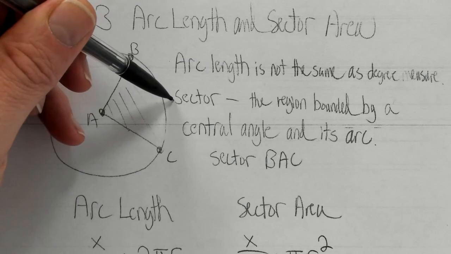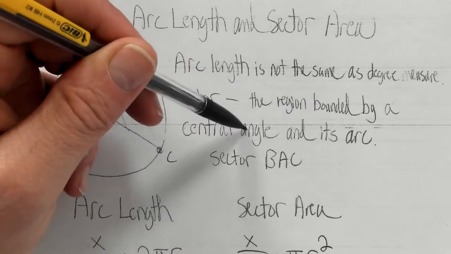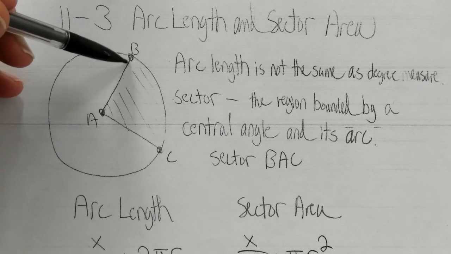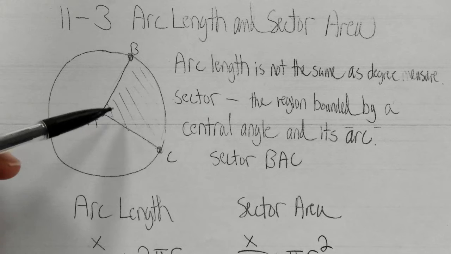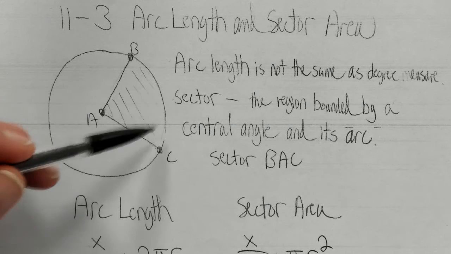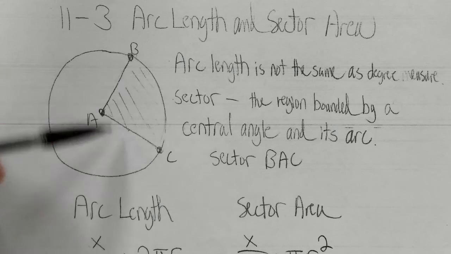Now another word we come to is sector. So sector is the region that's bounded by a central angle and its arc. So if this is the central angle and this is the arc, this shaded part is the region of the circle that's bounded by the central angle and the arc, and then therefore that is a sector.